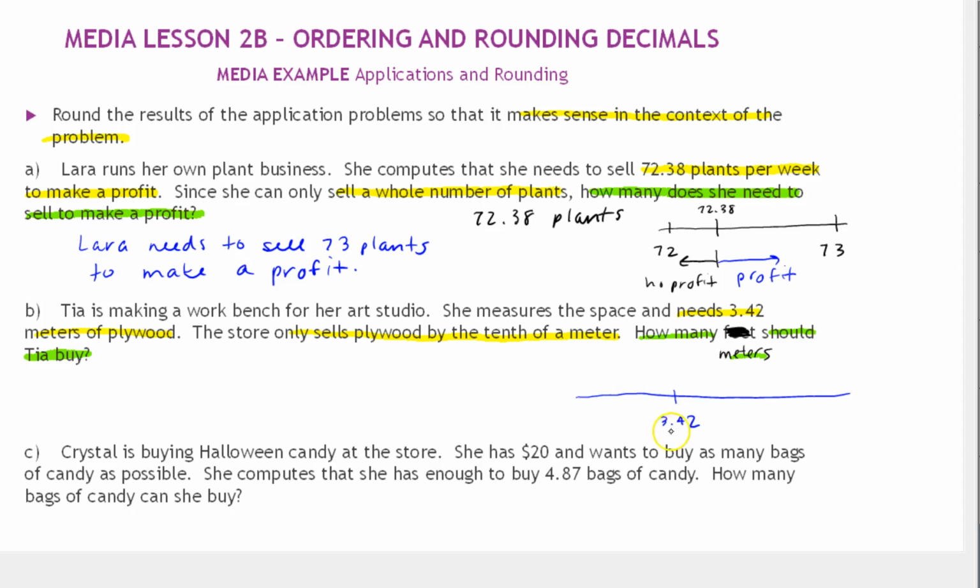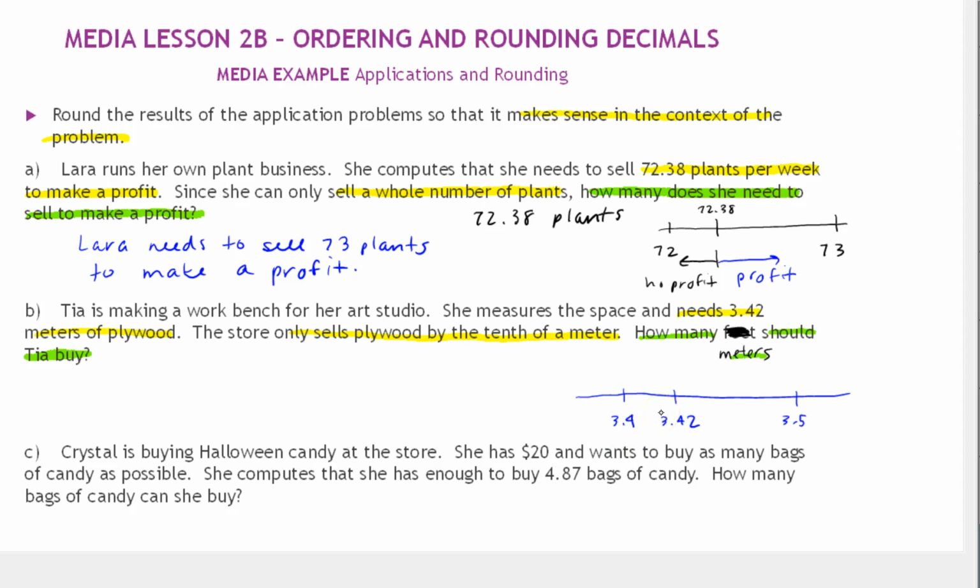Well, the 1/10 of a meter less than this is 3.4, so dropping this 2, okay? And then if we add 1 to the tenths place, 3.5, that would be the next tenths place. So 3.42 lies between 3.4 and 3.5 meters. Okay. So again, if we are rounding in our regular convention, it's closer to 3.4.